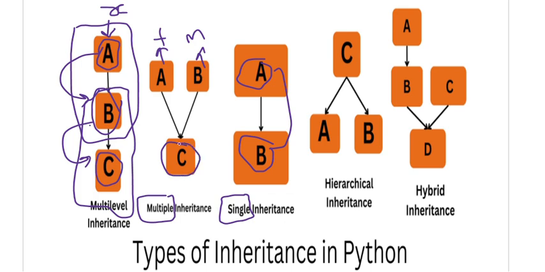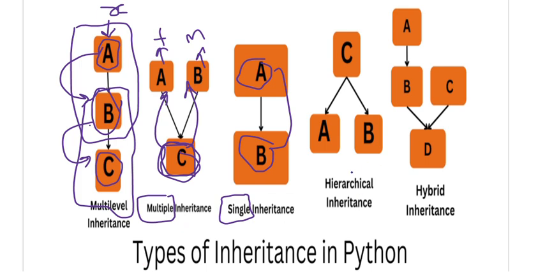So one child class extends from the father's class and also extends from the mother's class. The father and mother act as the parents for the child. One child has two parent classes. This is known as multiple inheritance.